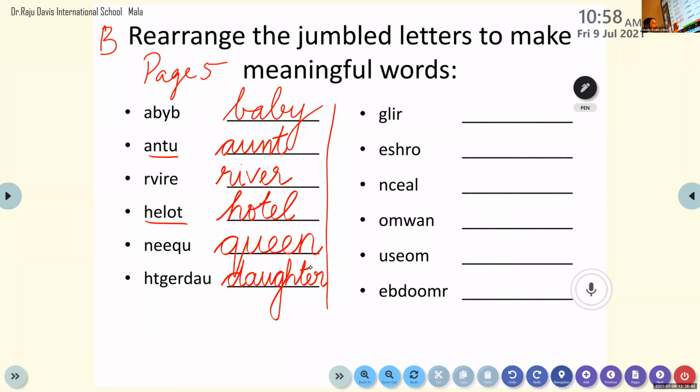D-A-U-G-H. T-E-R. Daughter. All of you please do write it, children. As you write it now, you will learn the word very quickly.